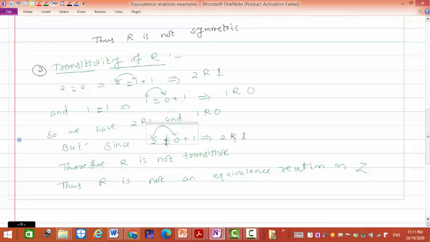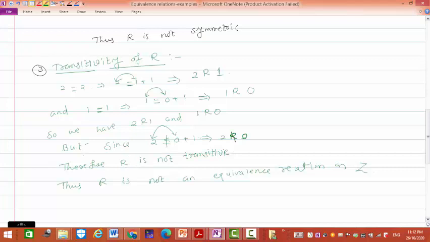So 2 is not less than or equal to 0 plus 1. So 2 is not R related to 0.